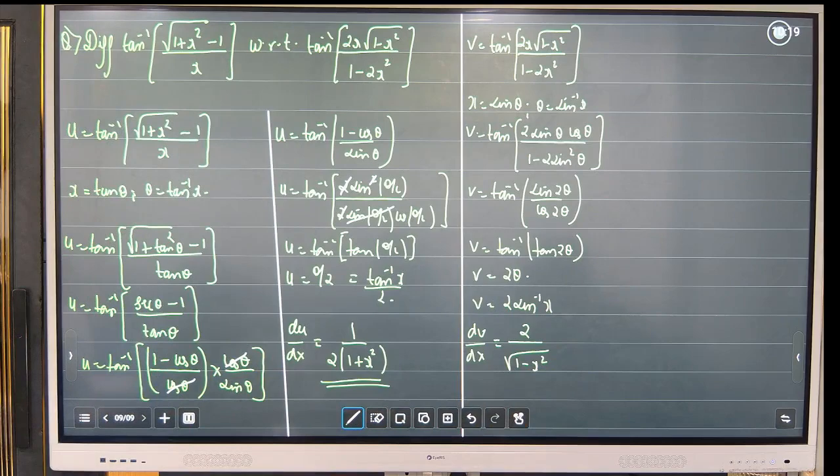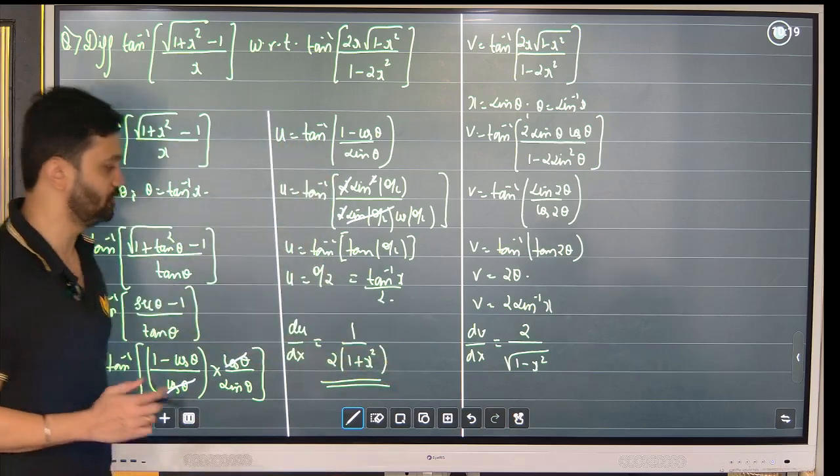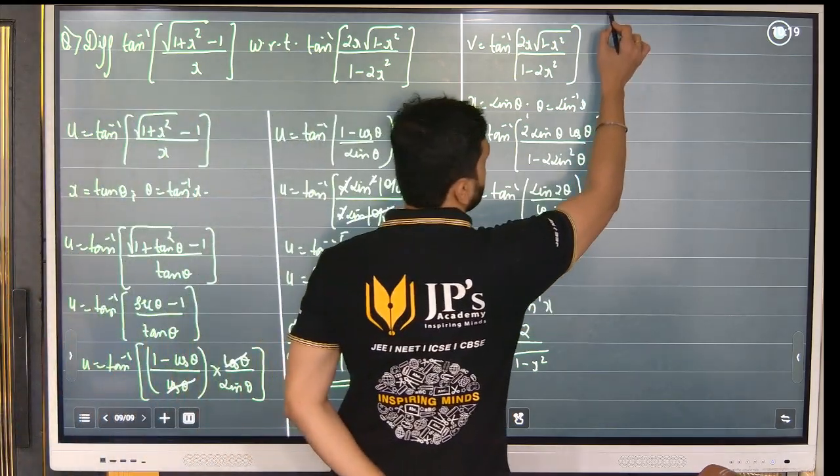Have you guys understood this? Now I have got du by dx, I have got dv by dx. All I have to do is just substitute in the last step.